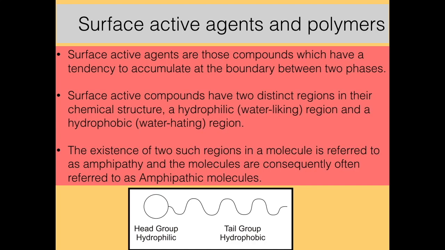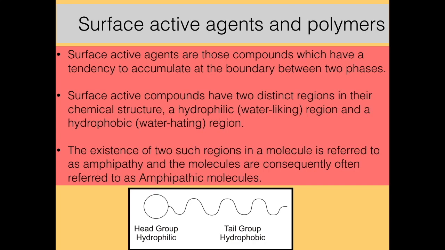Surface active compounds have two distinct regions in their chemical structure, as we can see in this diagram: a hydrophilic or water liking region, which is the head group, and a hydrophobic or water hating region, which is the tail group. The existence of two such regions in a molecule is referred to as amphipathy, and the molecules are consequently often referred to as amphipathic molecules.